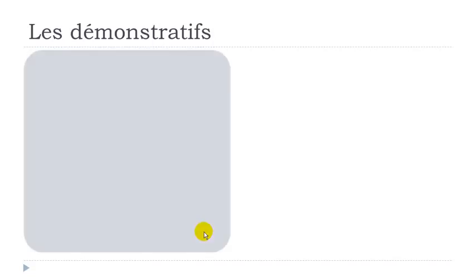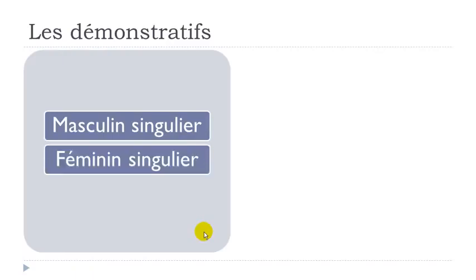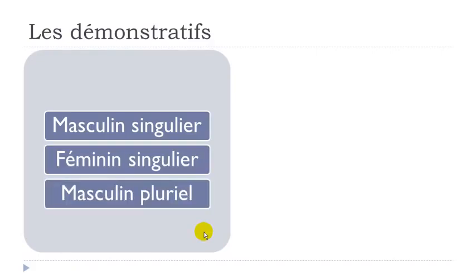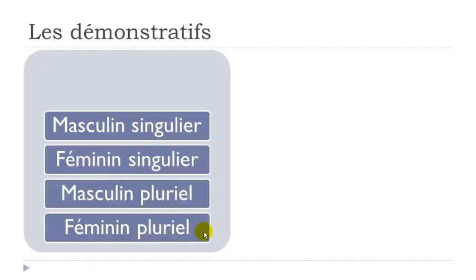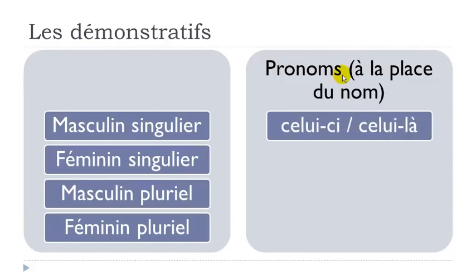We'll see now the pronouns. Same thing, we'll see the masculin singulier, then féminin singulier, then masculin pluriel, and then féminin pluriel. So pronouns means that you will have to use these pronouns instead of the noun. For the masculine form, we will have celui-ci and then celui-là. We'll see the difference of use, but celui-ci, celui-là.